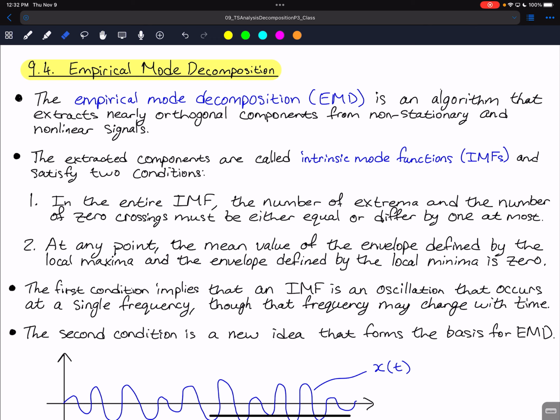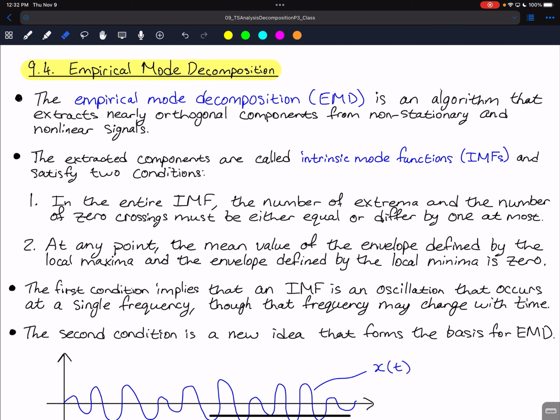In this case, these are not completely orthogonal, but they're close to being orthogonal. So EMD is applied to extract these nearly orthogonal components, which are then called intrinsic mode functions.